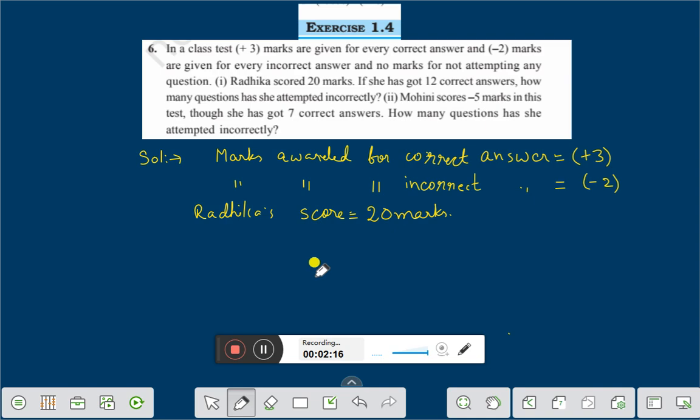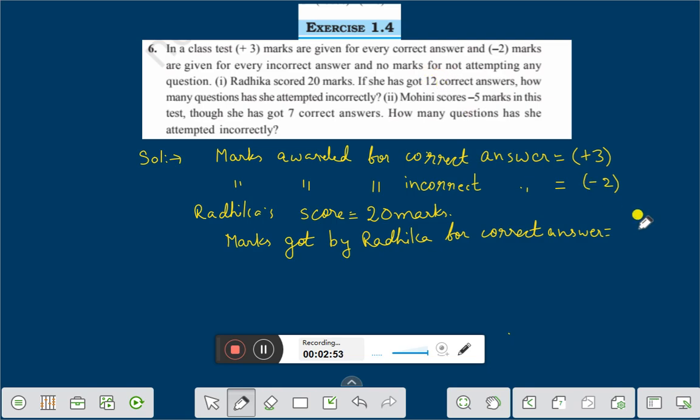If she has got 12 correct answers, marks got by Radhika for correct answer is equal to, how many questions she got correct?